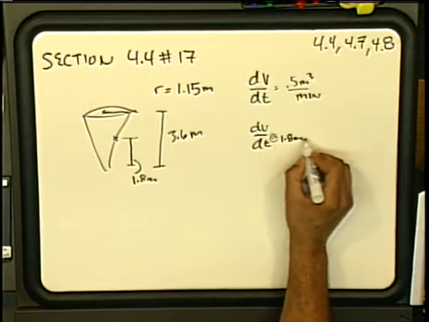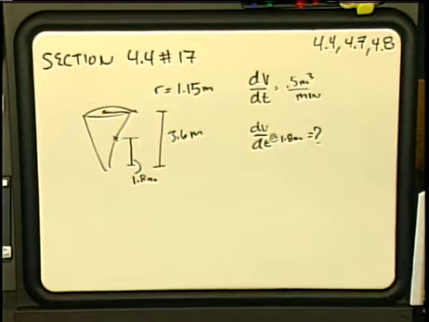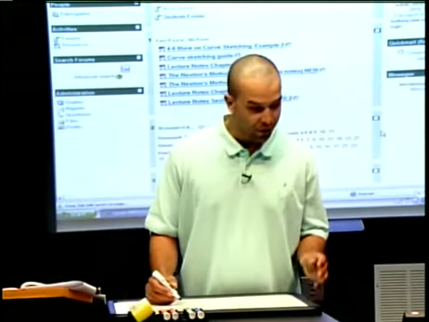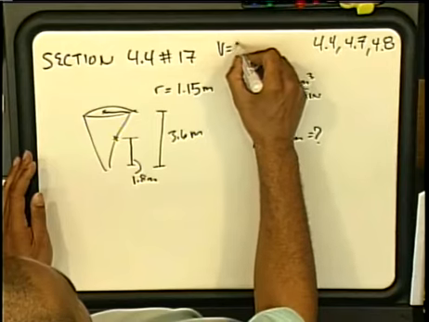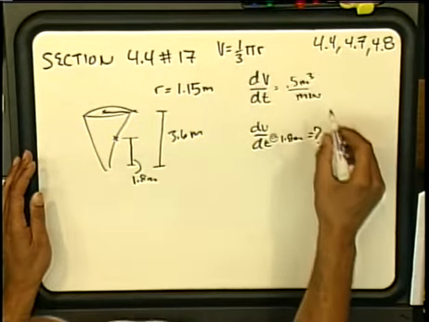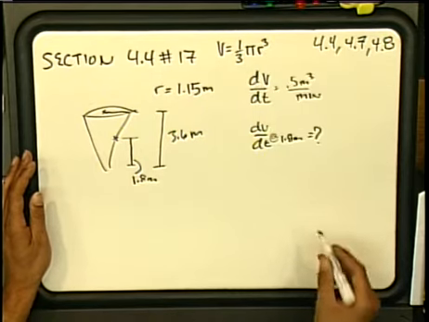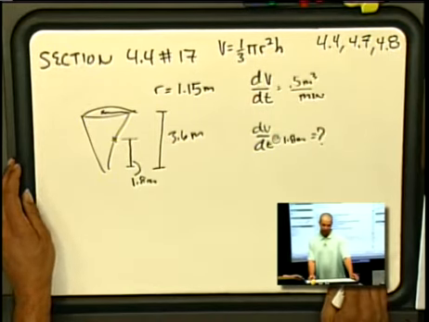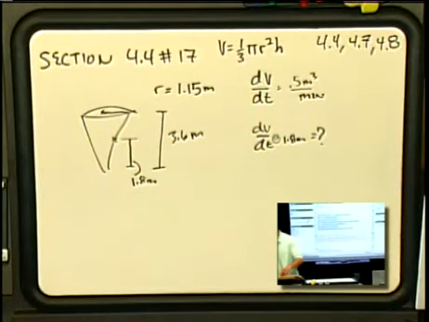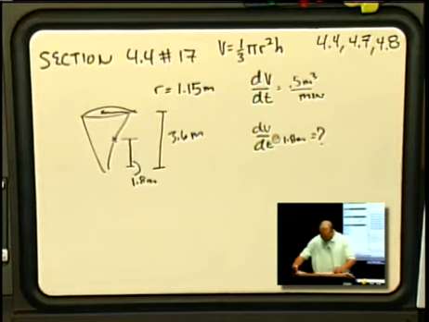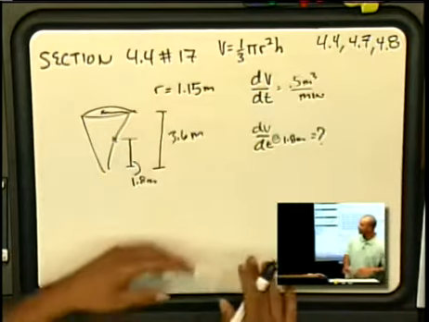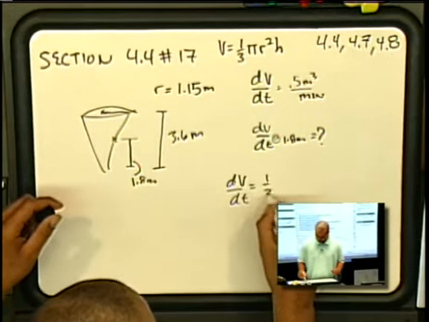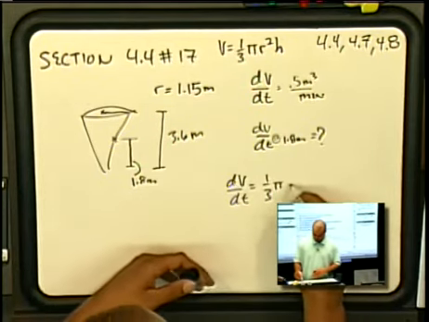I'm going to start off with the volume equation of a cone, which is V equals 1/3 pi r squared times H. So we're going to take this equation and make it a function of time, so dV dt equals 1/3 pi, these are all constants, r squared.